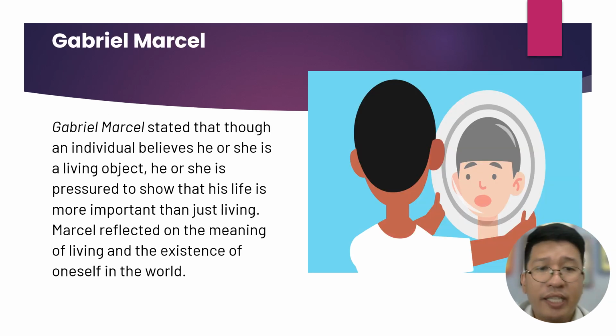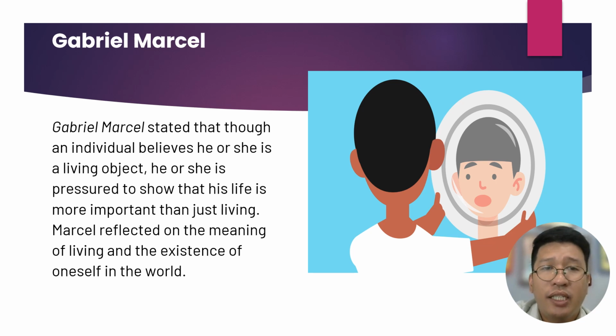Gabriel Marcel stated that though an individual believes he or she is a living object, he or she is pressured to show that his life is more important than just living. Marcel reflected on the meaning of living and the existence of oneself in the world.